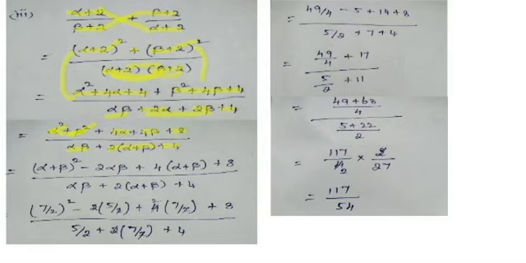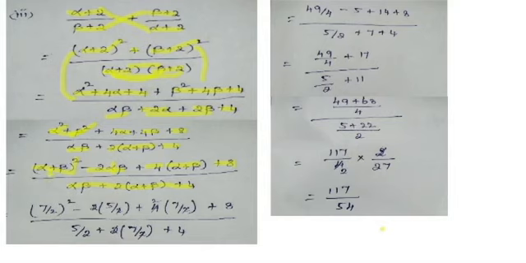Alpha square plus beta square is nothing but alpha plus beta the whole square minus 2 alpha beta plus 4. Take 4 commonly outside. It becomes 4 into alpha plus beta plus 8, divided by alpha beta plus 2 into alpha plus beta plus 4.